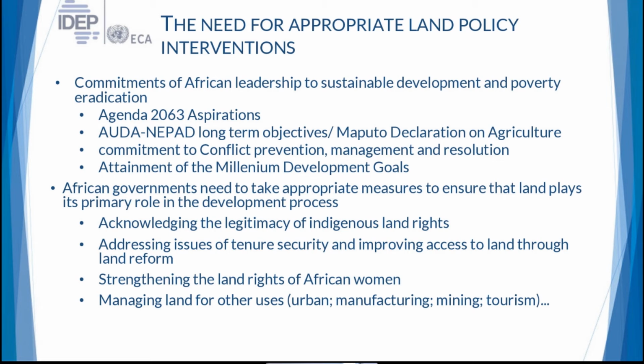One important dimension is about strengthening the land rights of women. I could also add strengthening the land rights of the youth. These are very dynamic actors who unfortunately have limited access and ownership over land. So changing this paradigm might lead to more possibility in achieving the Agenda 2063 aspirations.